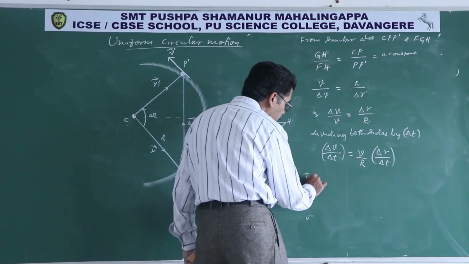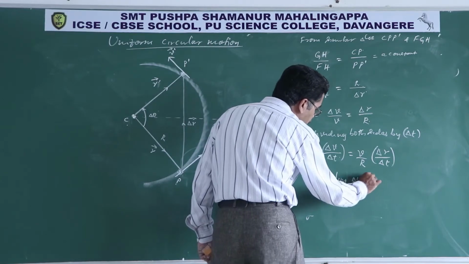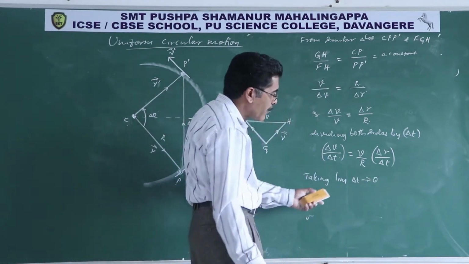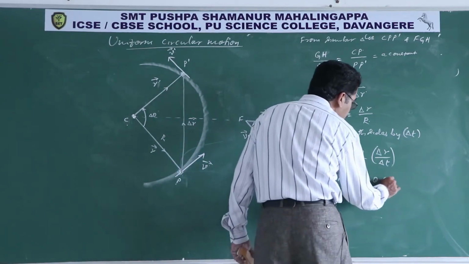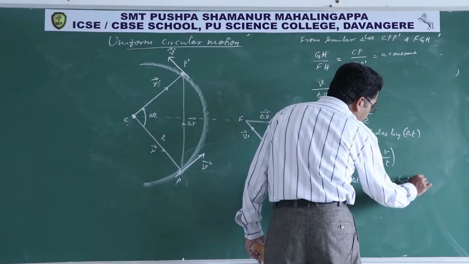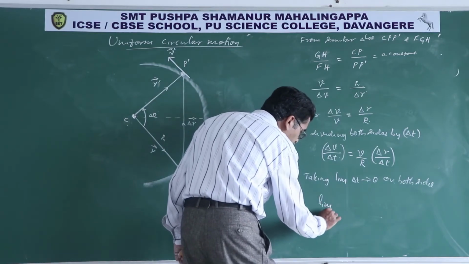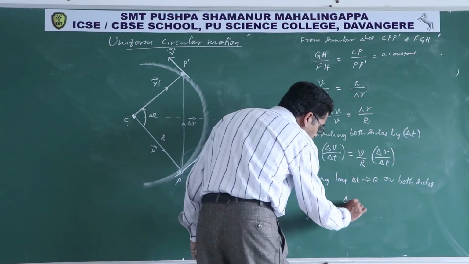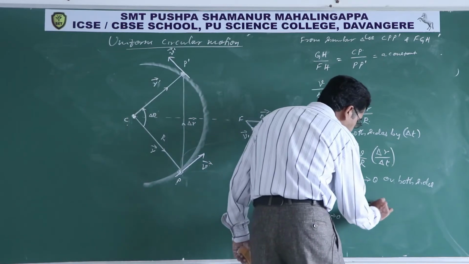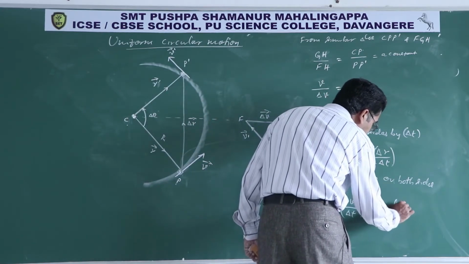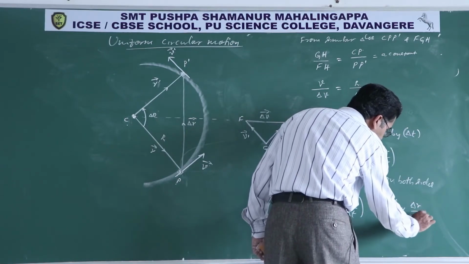Taking limit delta t tending to 0, this is called limiting value, delta t tending to 0 on both sides. Limit delta t tending to 0, delta v by delta t is equal to v by r, limit delta t tending to 0, delta r by delta t.